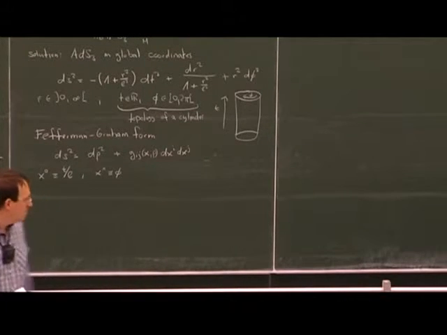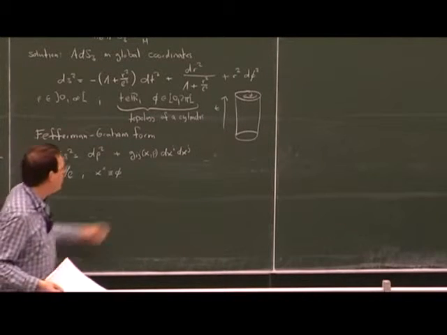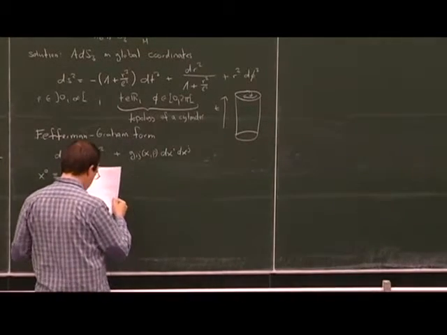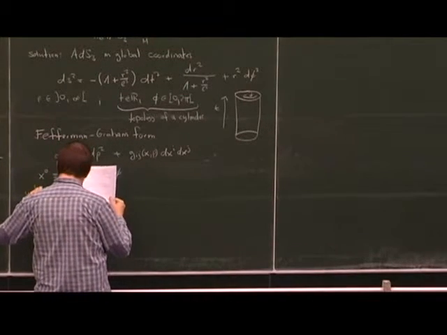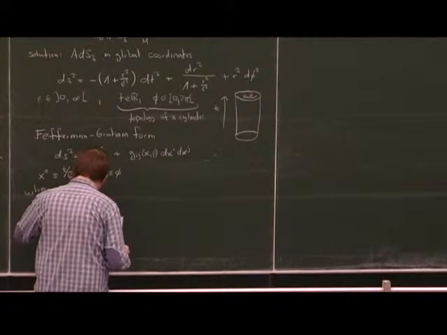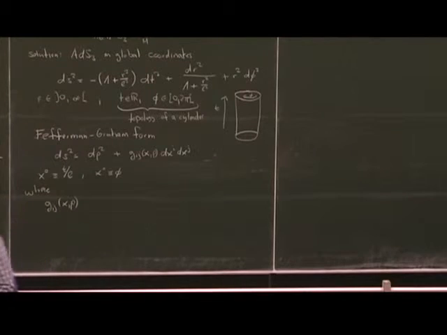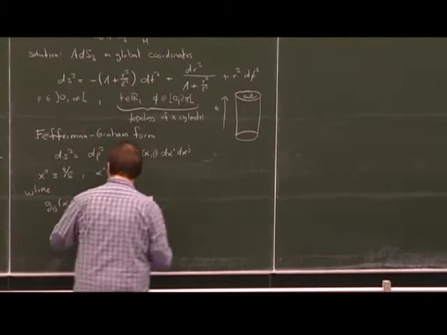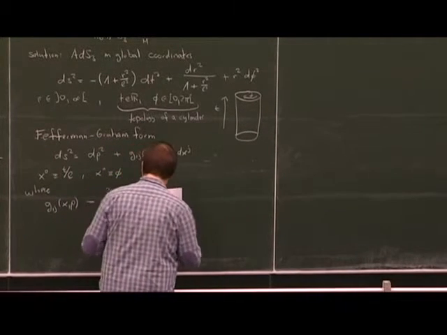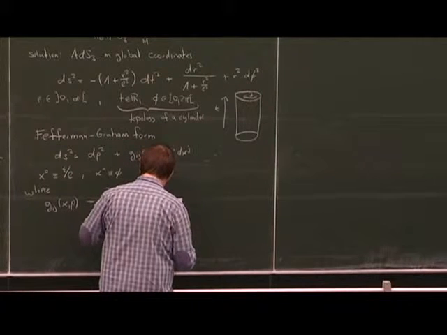So what I can do now is expand this metric gij. So gij of x and rho, for sufficiently large rho, can be written as e to the 2 rho divided by L times gij0 of x.